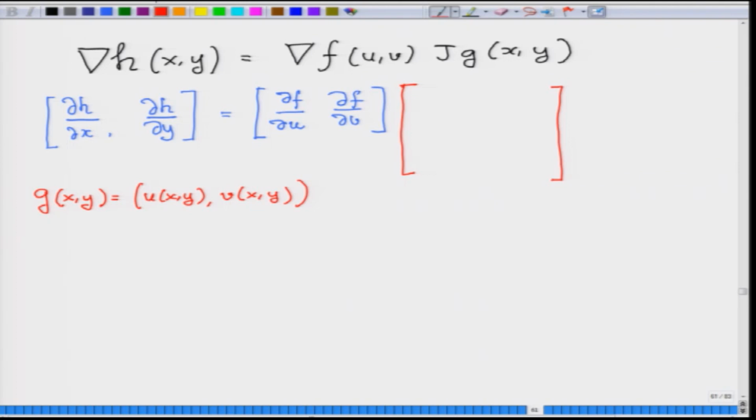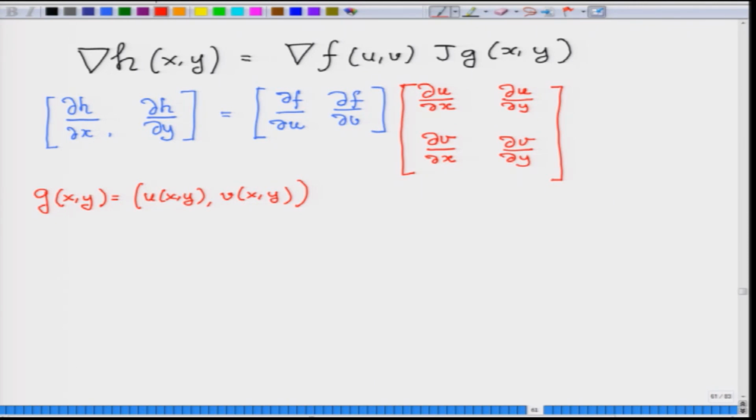I will write the gradient as a row vector, del u del x and del u del y, and then I will take the second function v and compute its gradient and put it as a row vector, del v del x, del v del y.